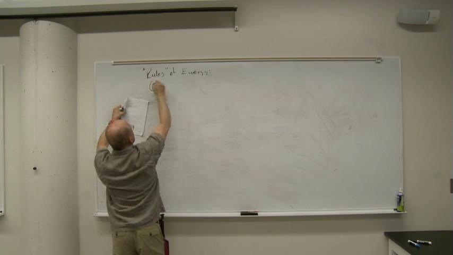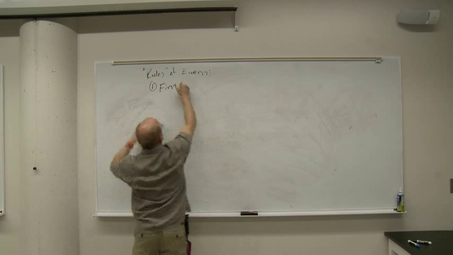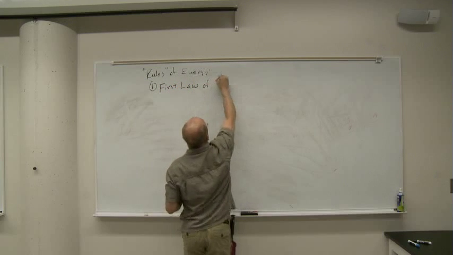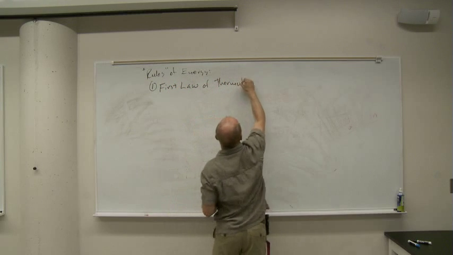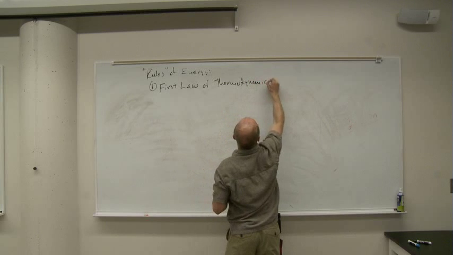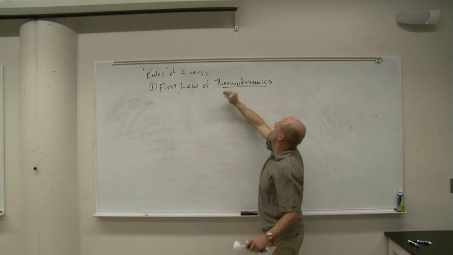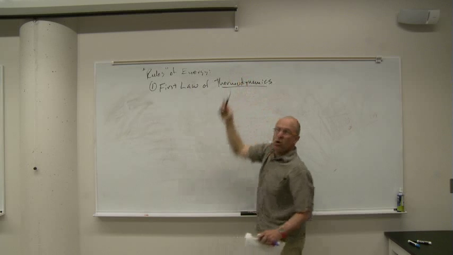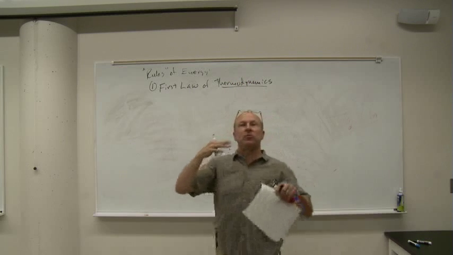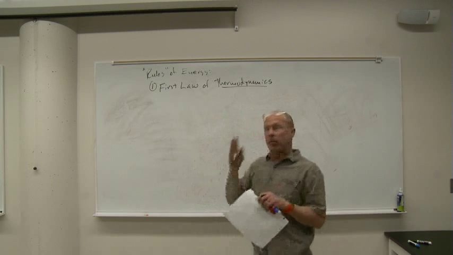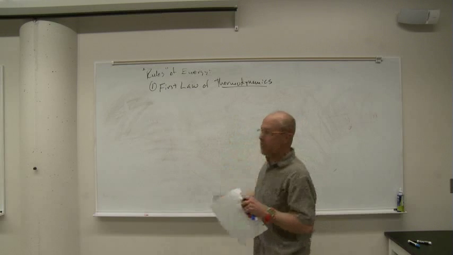The first one is the first law of thermodynamics. Of course, I've already said that in biochemistry, or in science in general, the unit of energy, the calorie, is a measure of heat. That's where the thermo part comes from, and the dynamics of heat. It's the dynamics of energy.